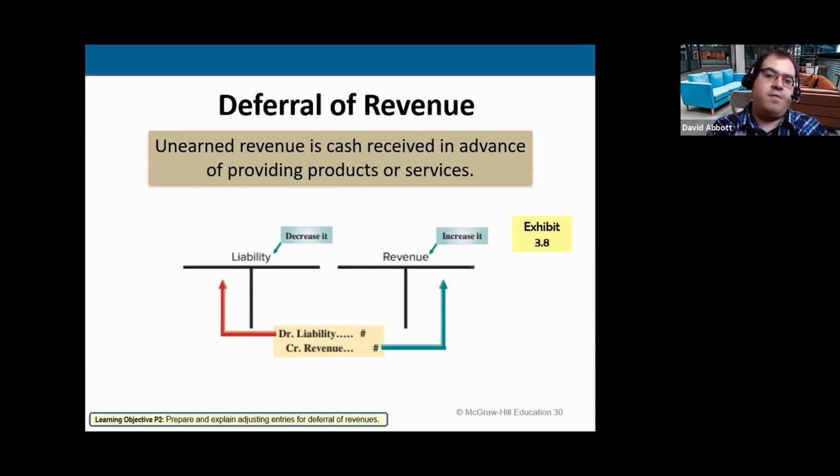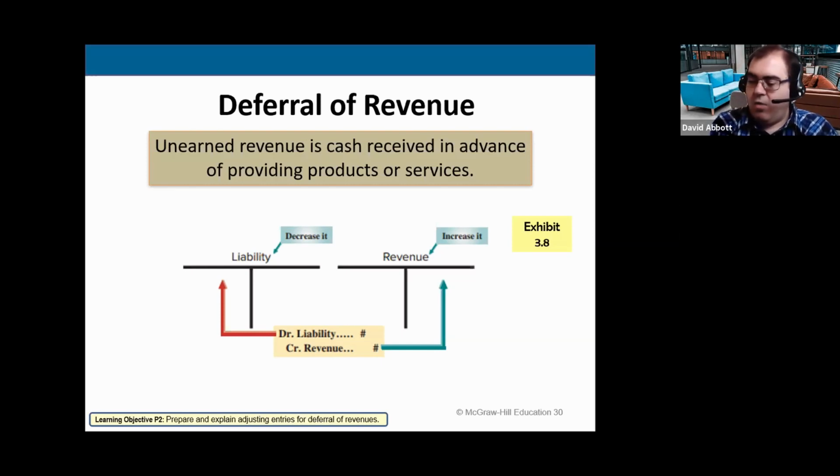And so part of each month's payment then would be unearned because it is payment for the next month, basically. So when accounting for deferred revenues, we are faced with a transaction where cash is received in advance for providing a product or service. In other words, we have received the cash but have not done anything to earn it.